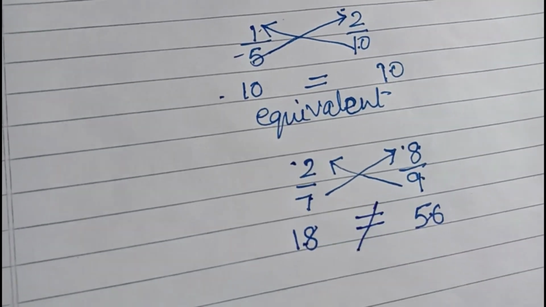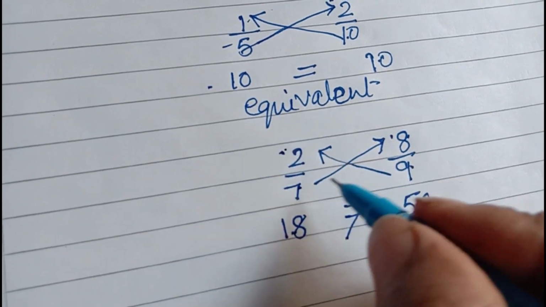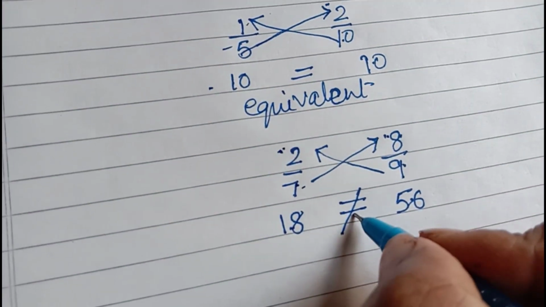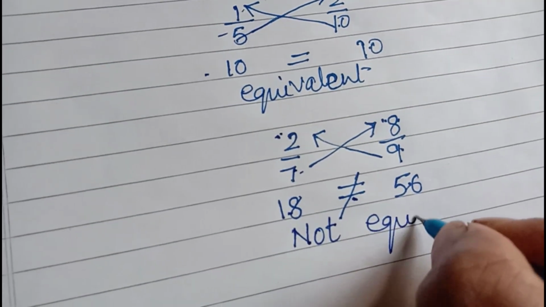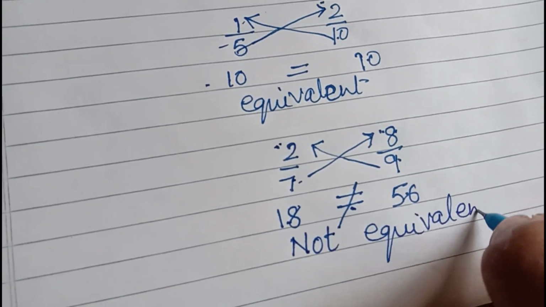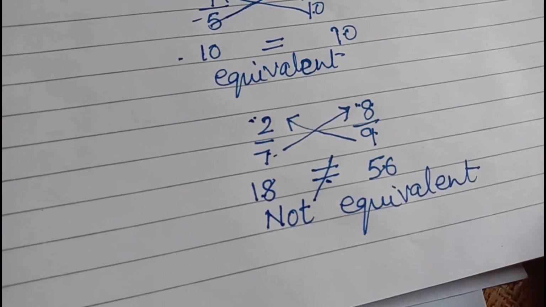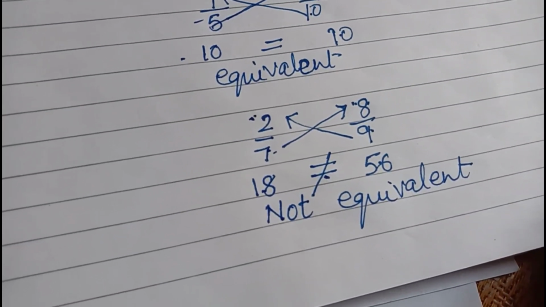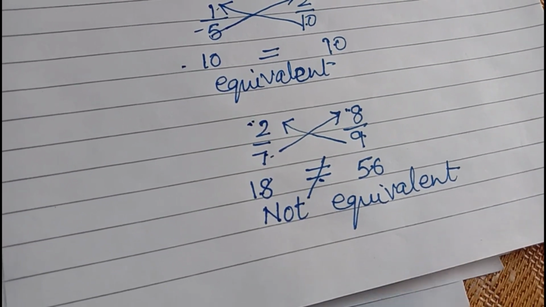No, these products are not equal. When the product of cross multiplication is not equal, the fractions are not equivalent. So I hope this equivalency is clear to you and you can do some questions based upon equivalent fractions. So bye bye, happy learning.